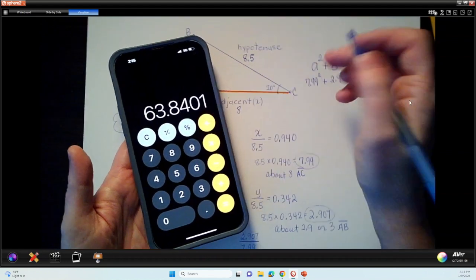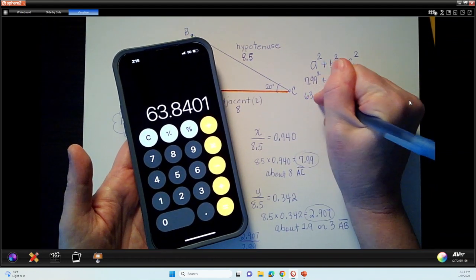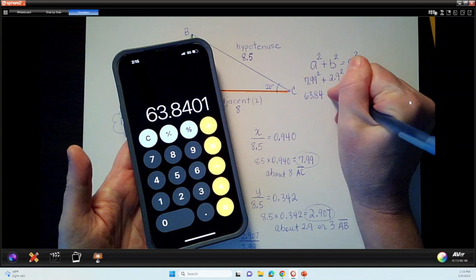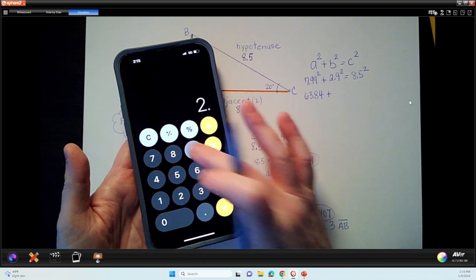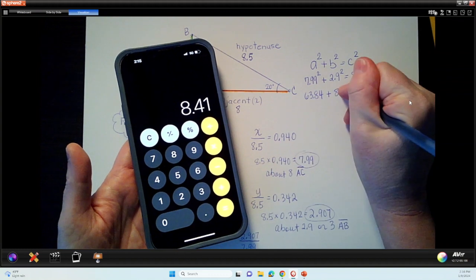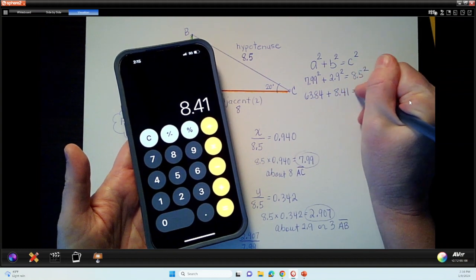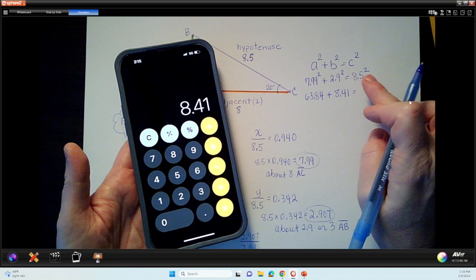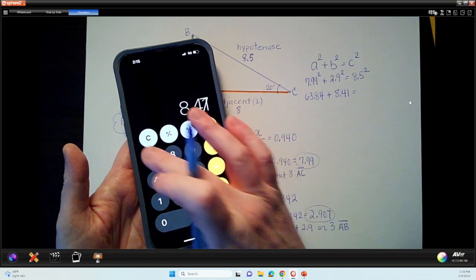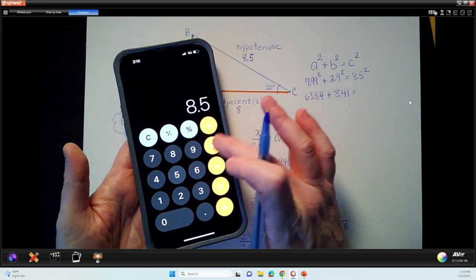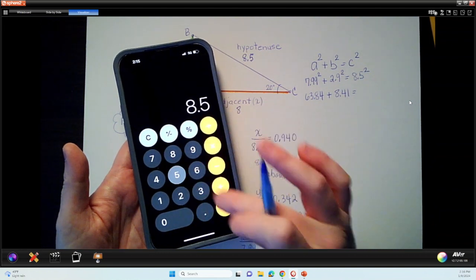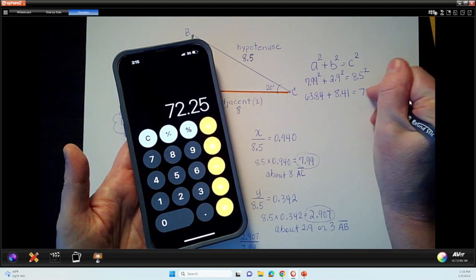Okay, now again, do you see this? 63.84 plus 2.9 times 2.9. And if I did this correctly, these two added together should equal 8.5 times 8.5, which is 72.25.